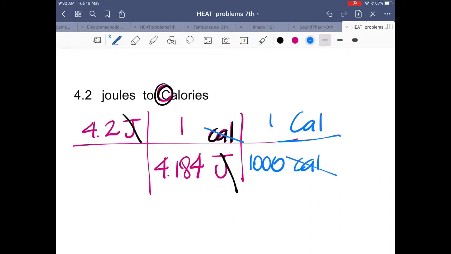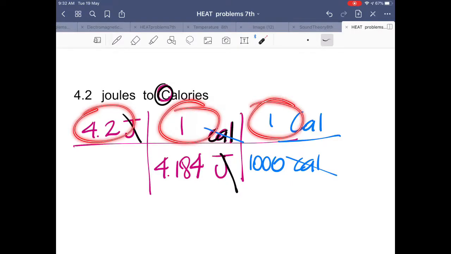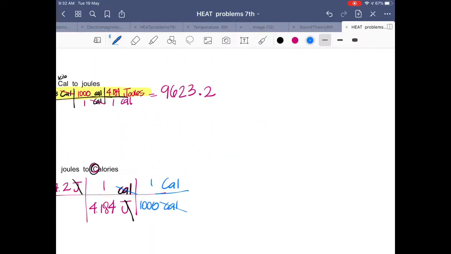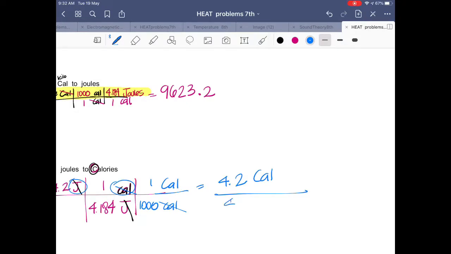So you multiply 4.2 times 1, so it will be 4.2 kilocalories divided by, because you already canceled this one and this one, 4.184 times 1,000. There's no unit at the bottom.